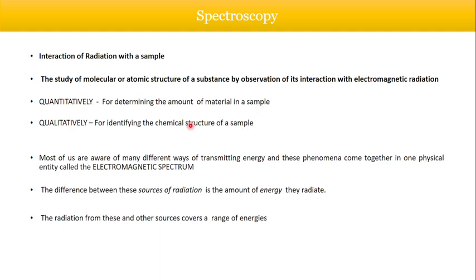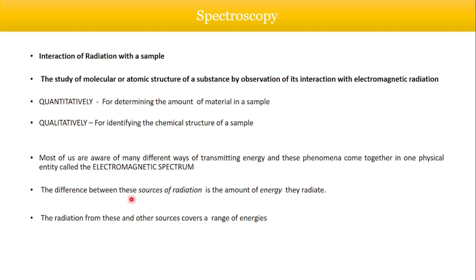Most of us are also aware that there are many different ways of transmitting energy, and these phenomena come together in one physical entity which is called the electromagnetic spectrum. This is the spectrum we need to keep in mind when we are studying spectroscopy.